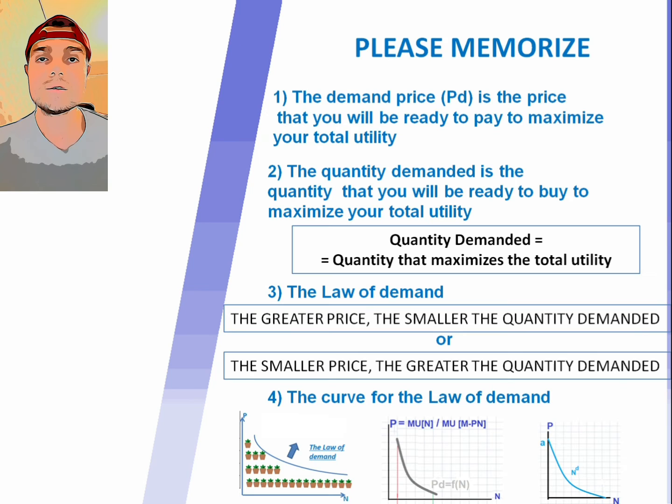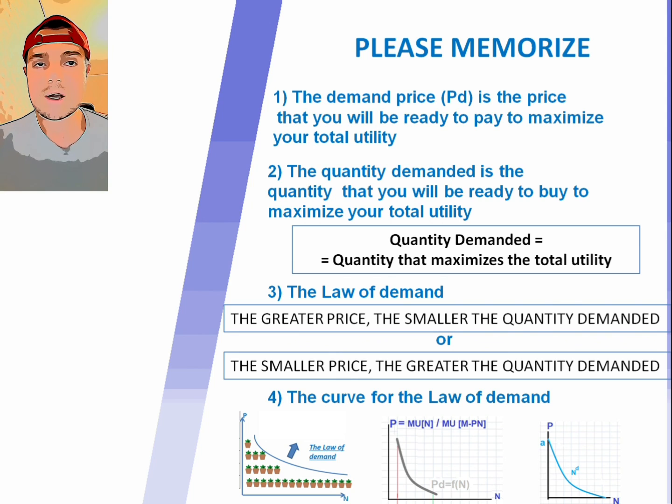Let's summarize what we know about the law of demand. The demand price is the price that you will be ready to pay to maximize your total utility of good. Quantity demanded is the quantity that maximizes the total utility of your choice. When you think about demand curve, please remember that the greater the price, the smaller the quantity demanded.